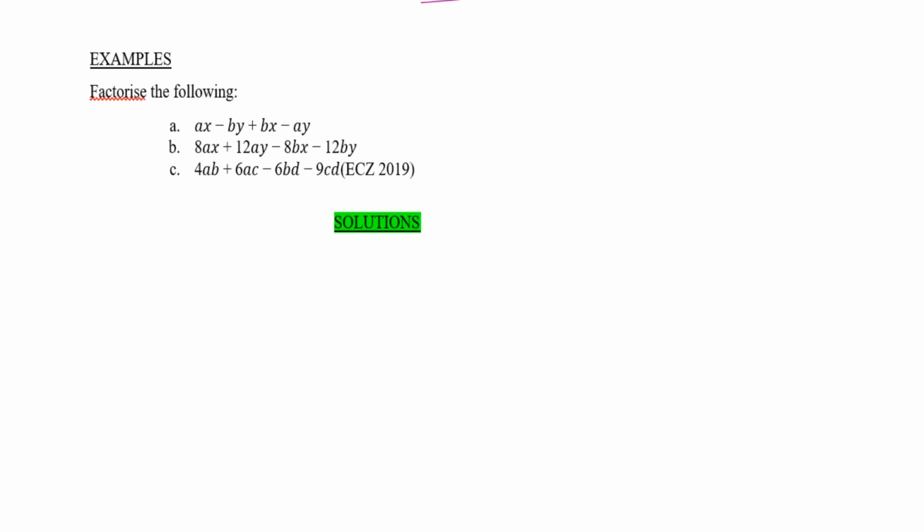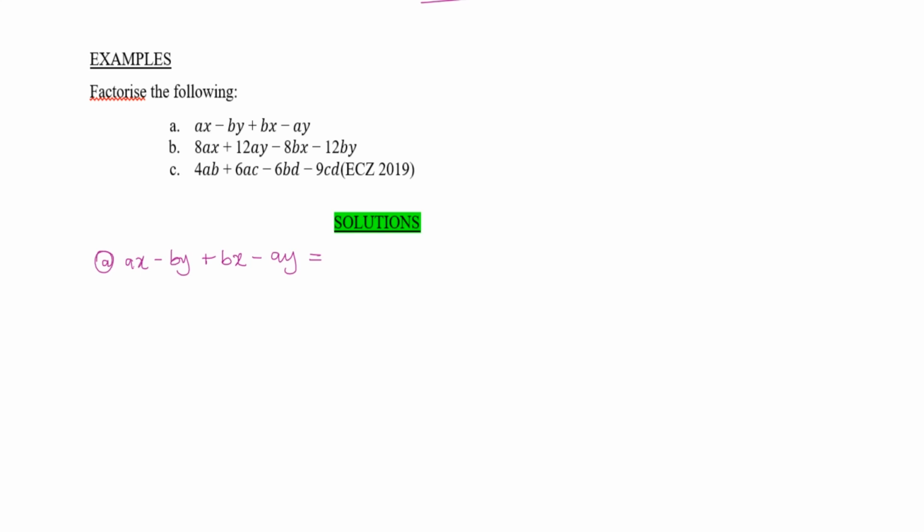So we'll start solving. We'll start by solving A. We are saying we have ax minus by plus bx minus ay. So this is equal to, here what we need to do is to collect the like terms.